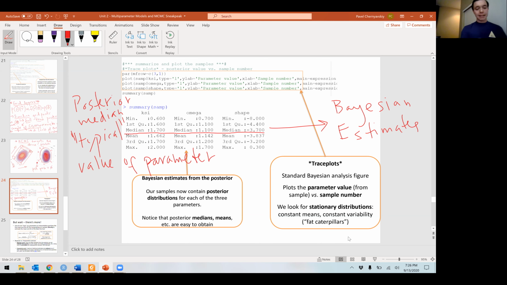Given this data set, the typical value of our location parameter is 1.7. The typical value of our scale parameter omega is 1.1. And the typical value of our skewness parameter shape is negative 3.7.